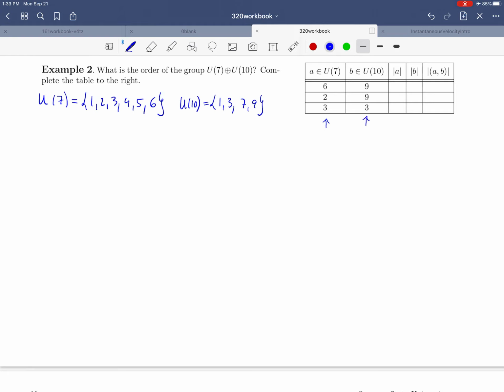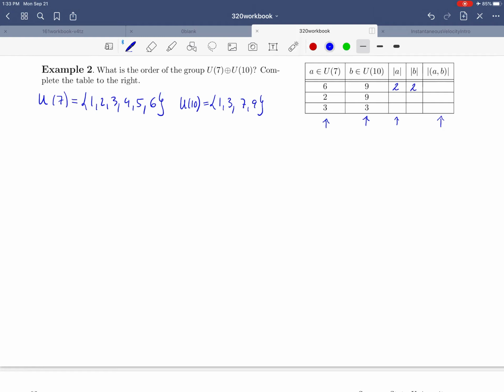And we want to write down the order of A, the order of B, and then figure out the order of A, comma B. The orders of A and B we have computed before, and you can convince yourself that this is true, or you can look it up. The order of 6 in U7 is 2, and the order of 9 in U10 is also 2.